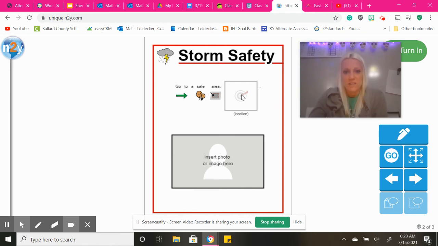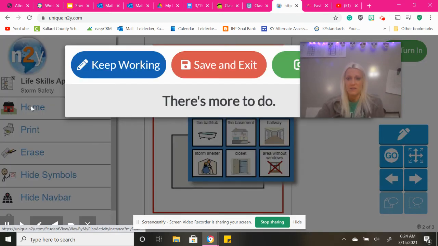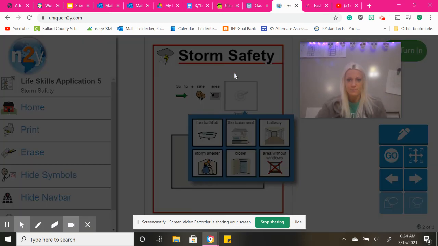So you pick those areas. If you're at home, I would talk with your parents about where is a good place to go when there is a hurricane or a thunderstorm or a tornado. Sometimes it's always good to talk about a fire as well in your home and where you would go if there was a house fire.